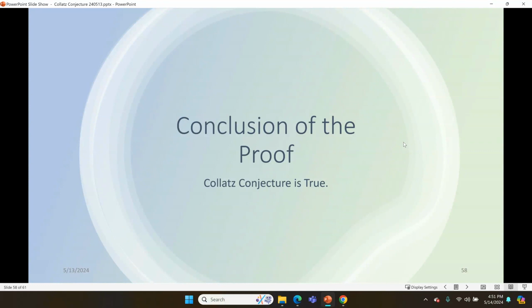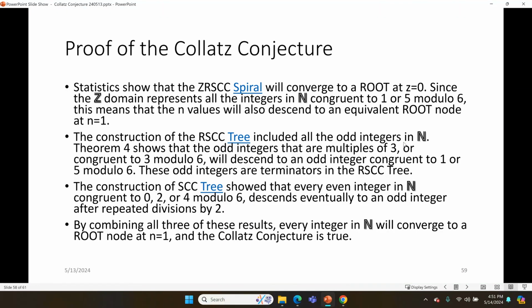What we've done is looked at the statistics for the z spiral to show that they converge to a root at z equals 0. Since the z domain represents all the integers in n that are congruent to 1 or 5 modulo 6, this means that the n values in n will also descend to an equivalent root node at n equal 1.